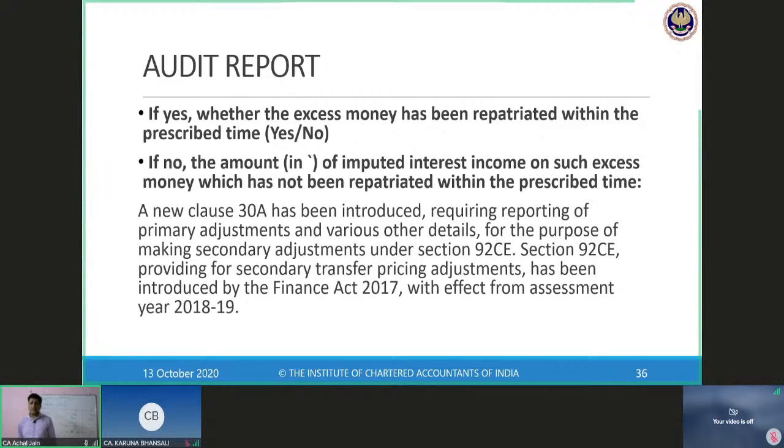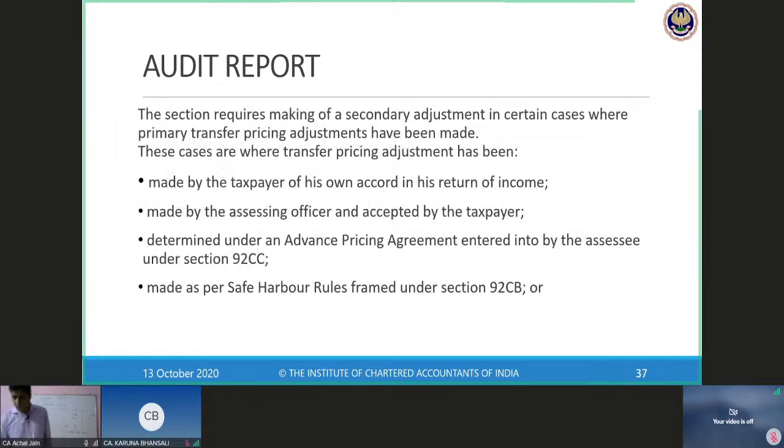Now, this is a clause which has been inserted for reporting requirements of primary adjustments and various other details in respect of section 92CE, which is about the transfer pricing. The section requires making of a secondary adjustment in certain cases where primary transfer pricing adjustments have been made.